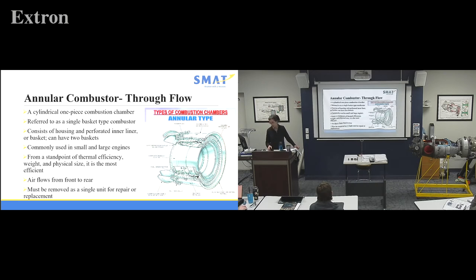Can annular is actually not as common. So pretty much becoming annular, I think. Even the larger engines are annular.